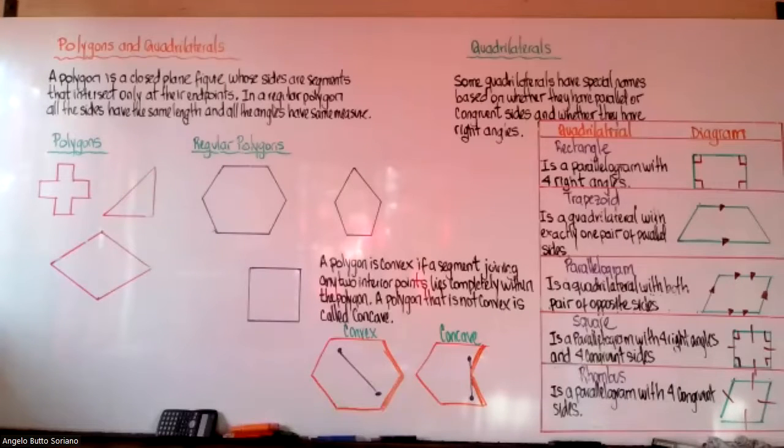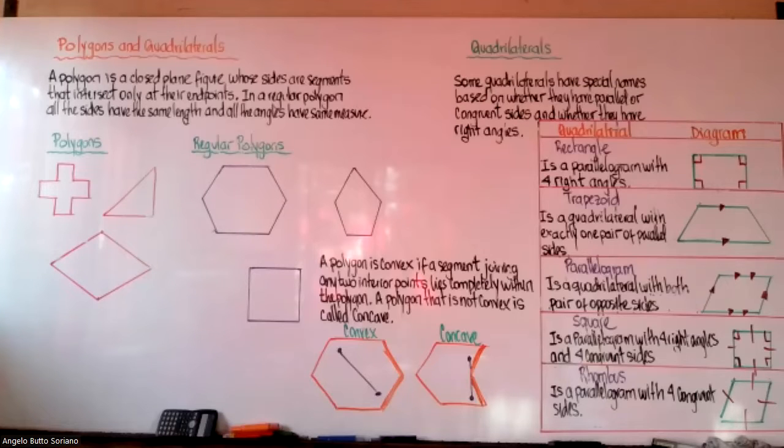And another definition, we have the square. Well, it's a parallelogram because it has four sides. But what is the difference between the square and the rectangle, trapezoid, and parallelogram? Well, we have four congruent sides, okay? And also four right angles. In the rectangle, we have four right angles, but it never said the four sides will be congruent.